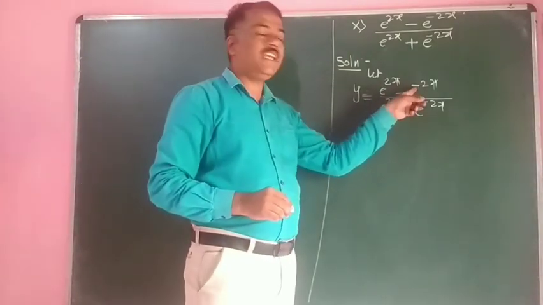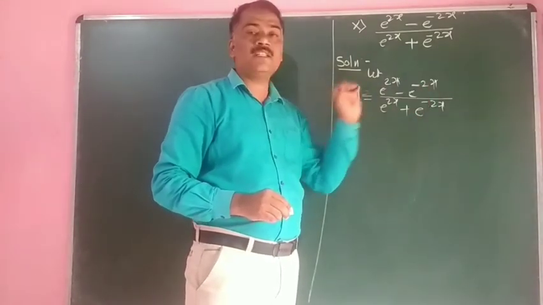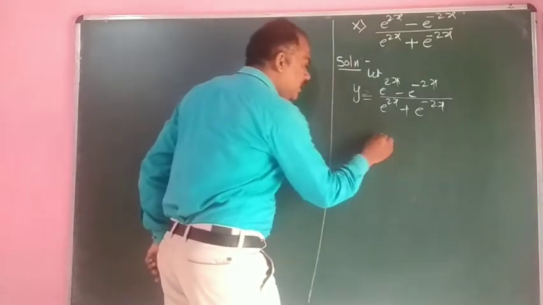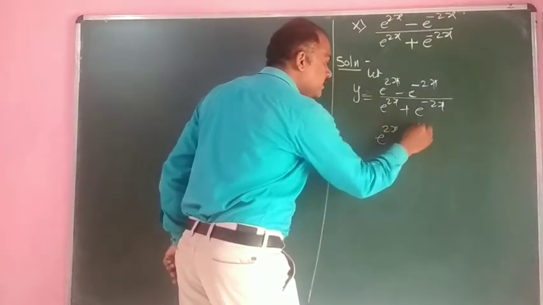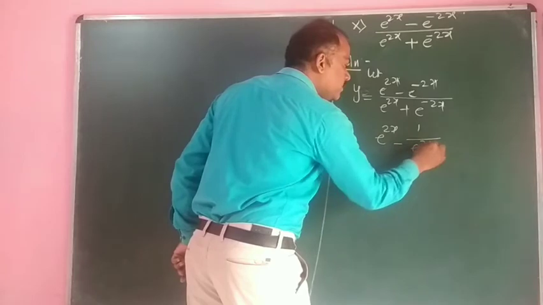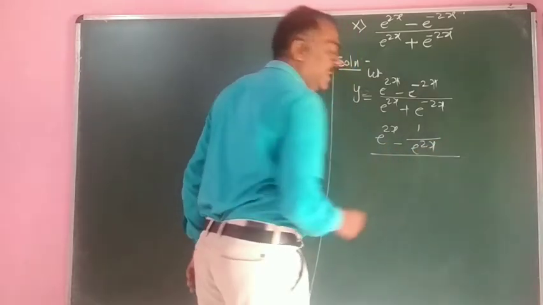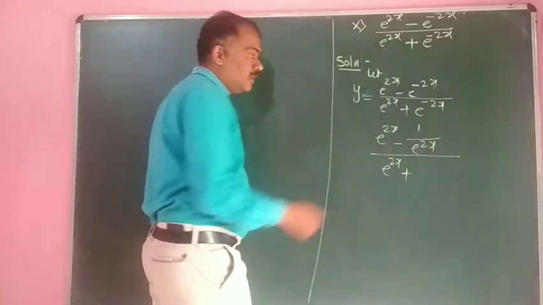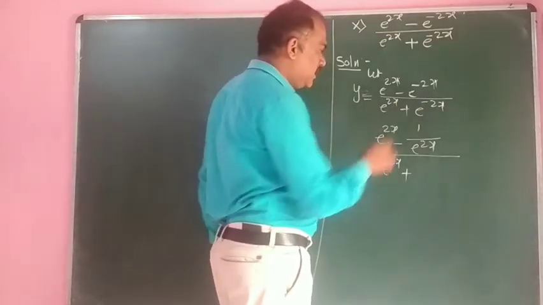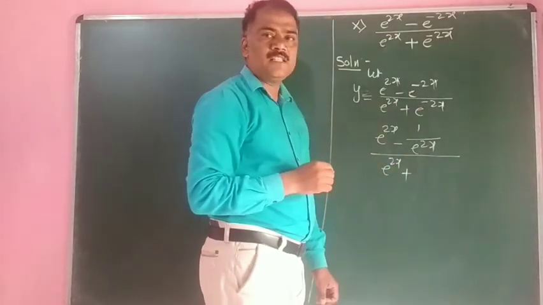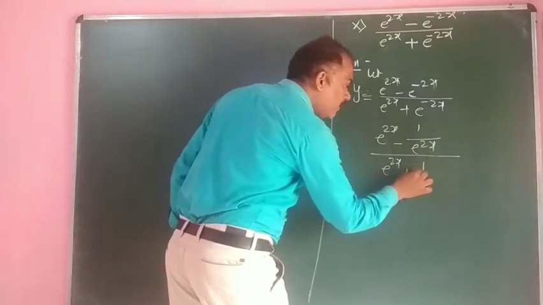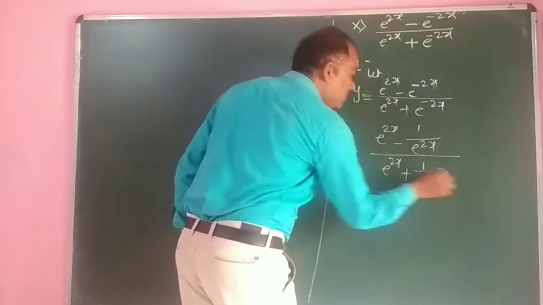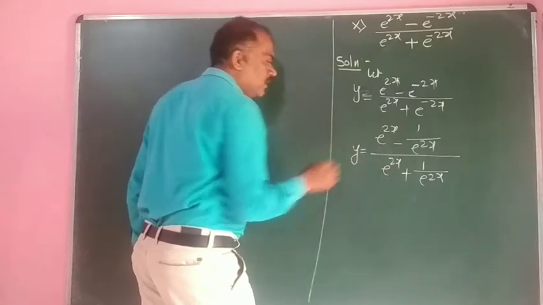We have to make the powers positive, so e^(2x) minus 1 upon e^(2x), divided by e^(2x) plus, also using the laws of indices, 1 upon e^(2x). That is, y is equal to.